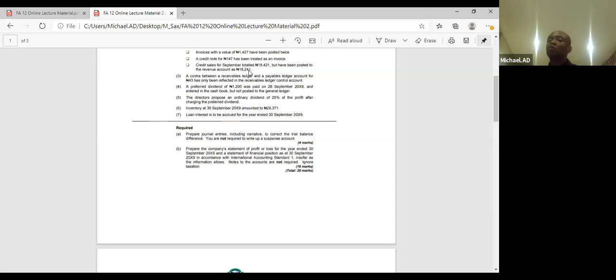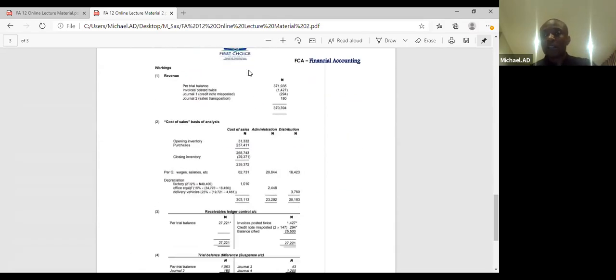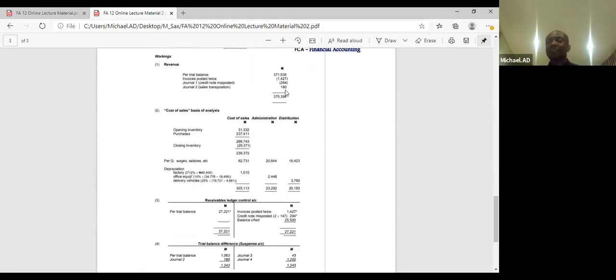You are looking for how to enter 45 naira into the account. So you need to add 45 naira to 105 naira to make it 150 naira. So it's the same thing that happens here, 180 naira. So if we add all this together, it gives us 370,394 naira. Simple as that.